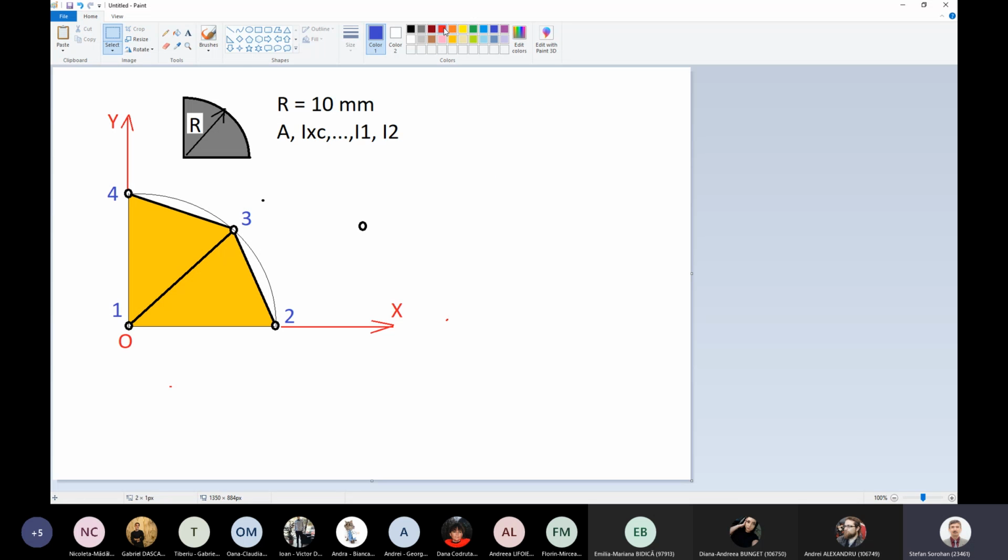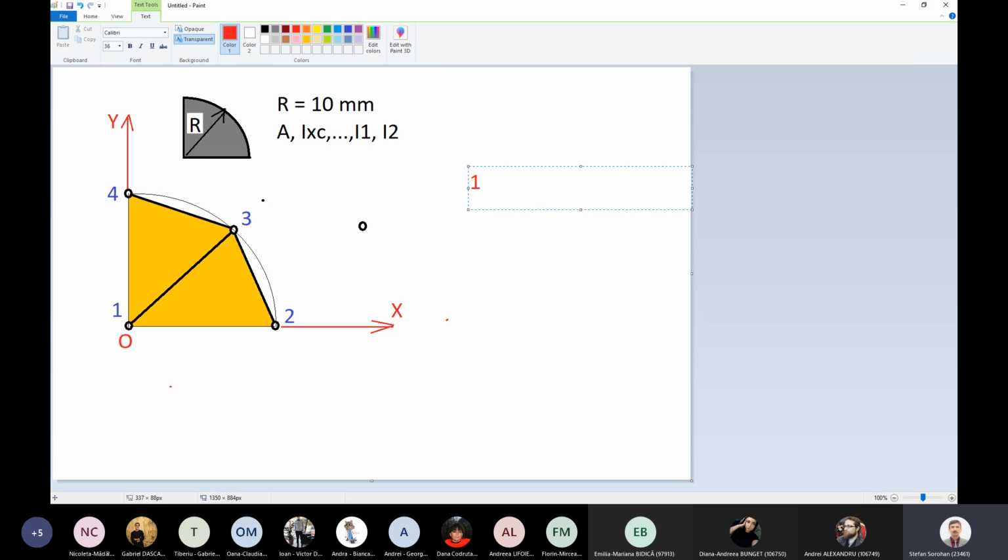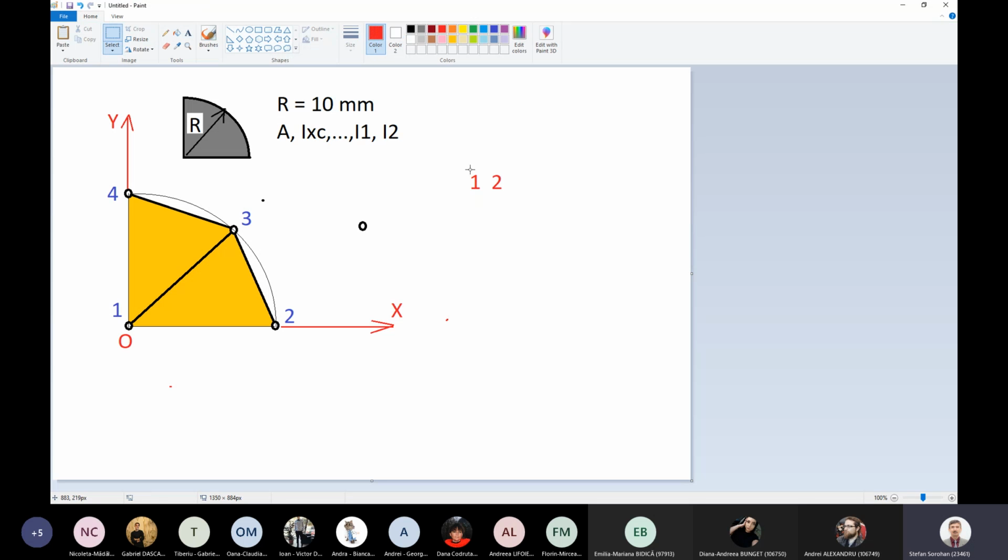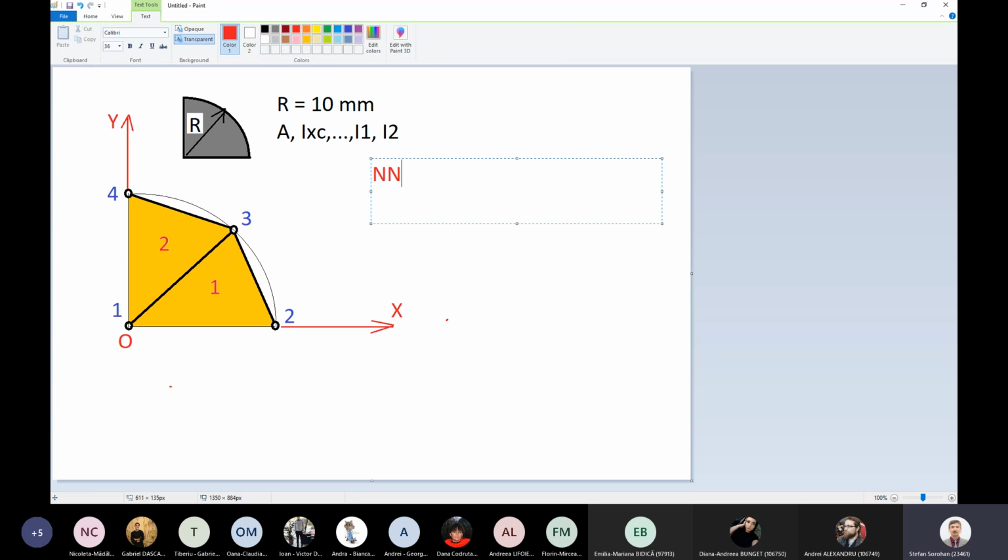Also, we need some identification number for elements. Let's say this is element number 1 and 2. So let's consider element number 1 this one here, and the second is here. So, according to this first picture, we can say, okay, the total number of nodes is 4.